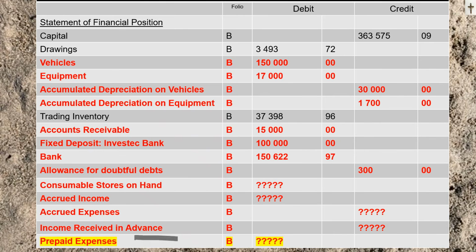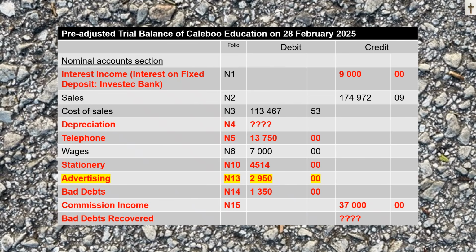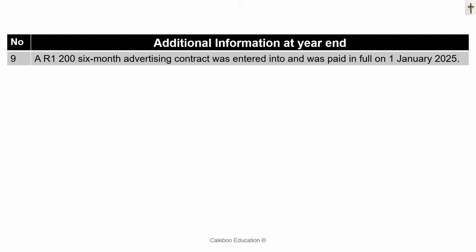So there's a prepaid expense. Now we need to calculate the amounts. And what has been prepaid? Advertising. Included in here is an expense for advertising, and part of the contract is outside of the current year. 1,200, 6-month contract divided by 6 is equal to 200.